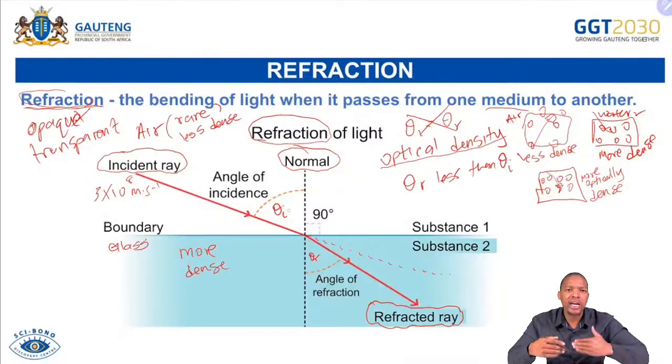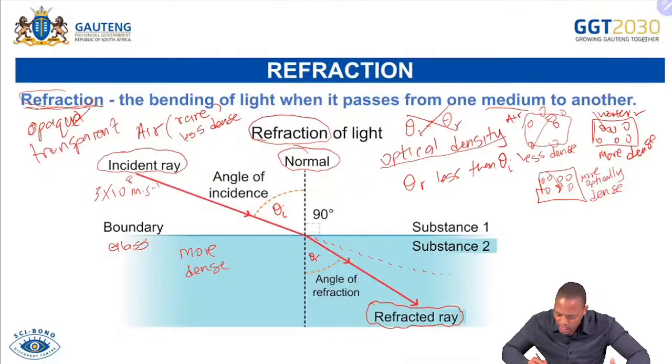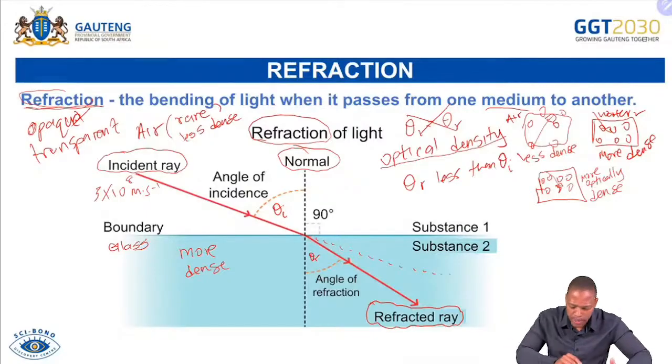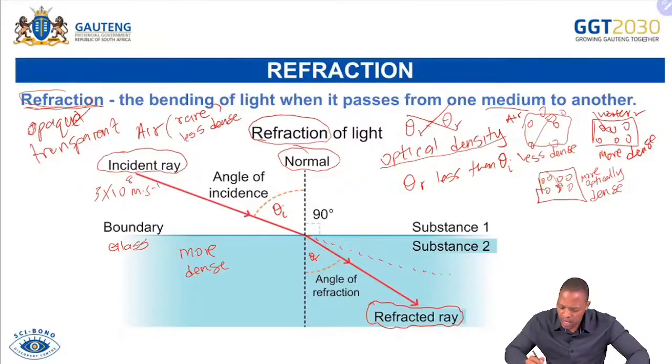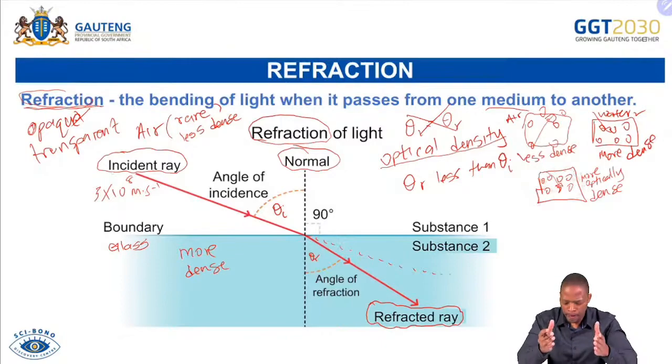Then light enters a different medium, a medium where there are more particles. This was the medium where there were fewer particles. Now it enters a medium with more particles, a more optically dense medium, a medium with a high density. What is going to happen to the speed of the light?